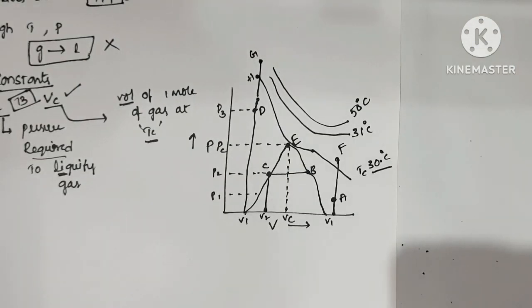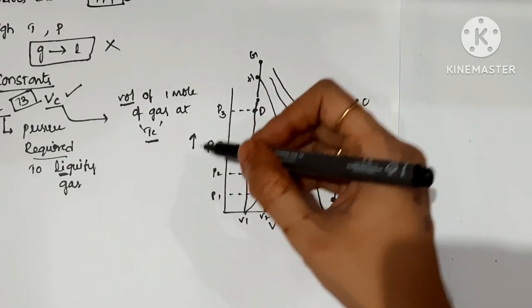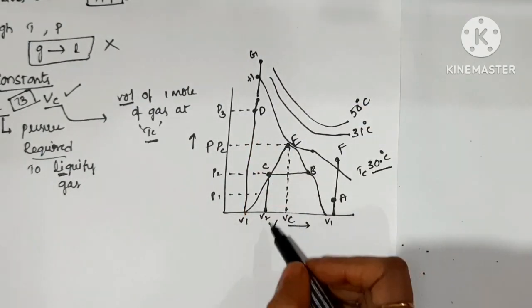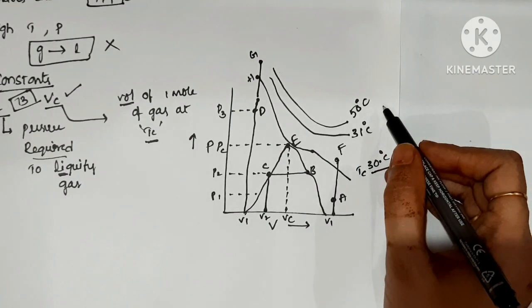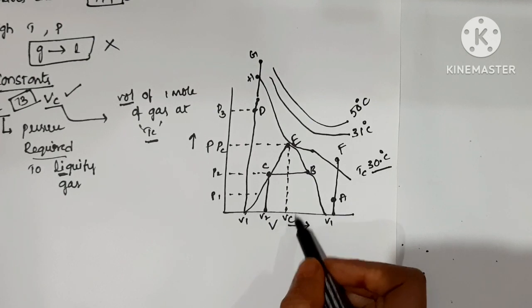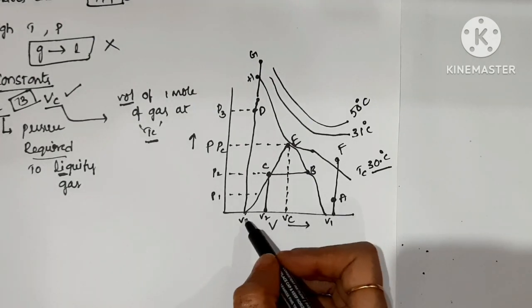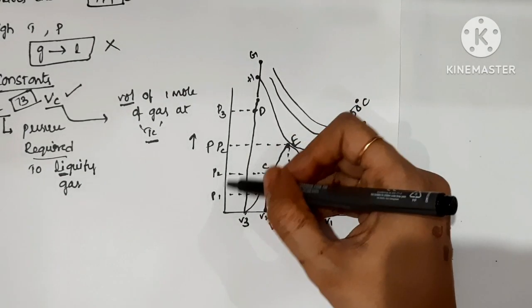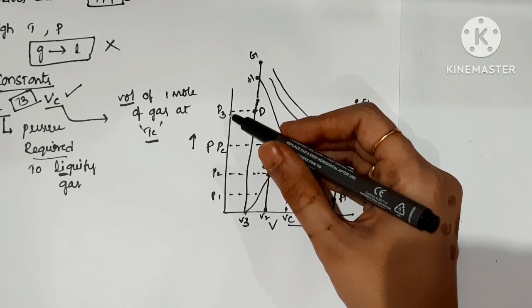This is the isotherms of carbon dioxide at various temperatures. This graph shows the relation between pressure and volume at different temperatures. Here are V1, V2, and this is the critical volume, and V3; and this is P1, P2, critical pressure, and P3, right?